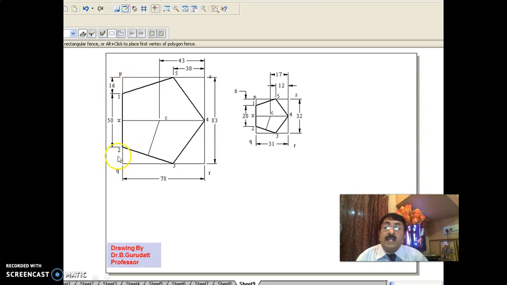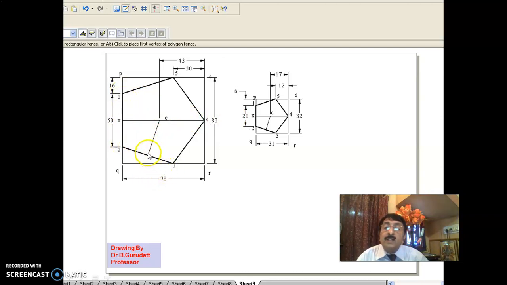You need this for getting the points in isometric. Then draw one line 4x parallel to PS. This line, parallel to PS, will also be isometric. Then draw a perpendicular here. This perpendicular you already drew, that is x4 for this line.